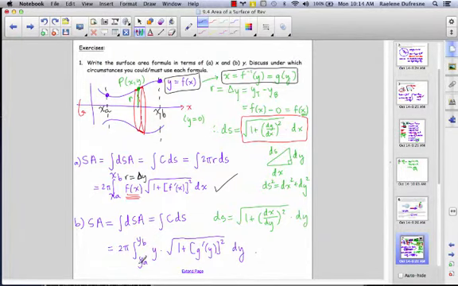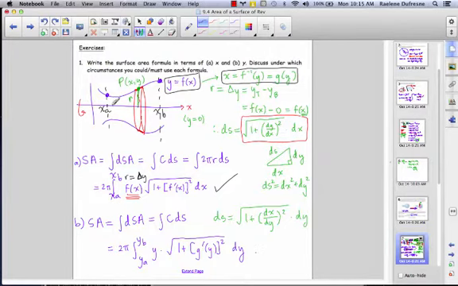And in that case, we are going to say that the radius is the y top minus y bottom, which is y minus 0, which is just y. And we have to rewrite the ds expression in terms of y. And this is review from 9.3. Ultimately, it boils down to the algebra: we can isolate for either y, and therefore the integral is in terms of x, or we can isolate for x, and therefore the integral is in terms of y.